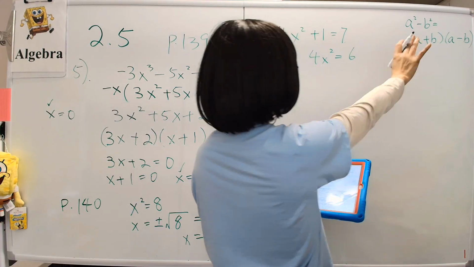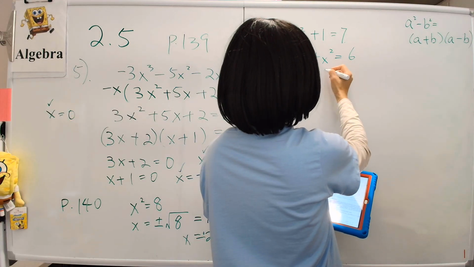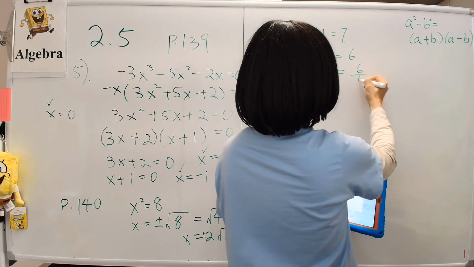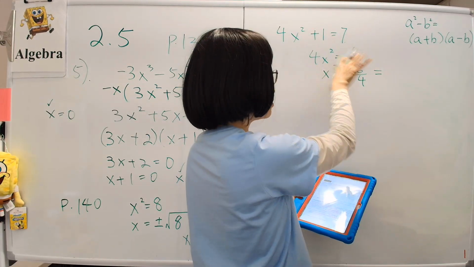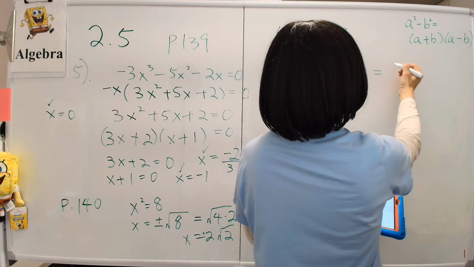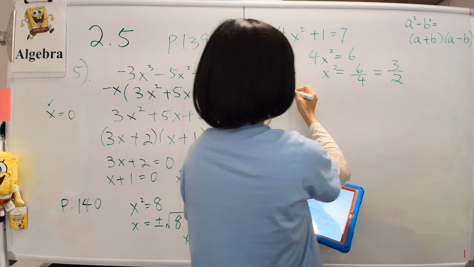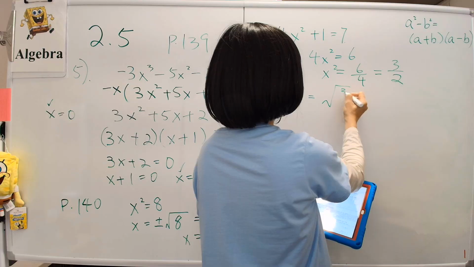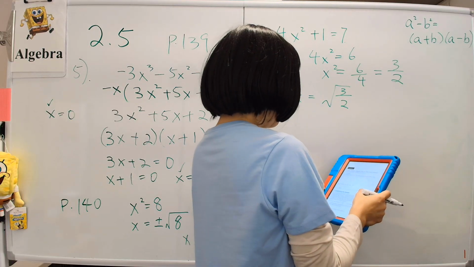We push the 1 to the other side, and it becomes a subtraction. So x squared equals 6 over 4, pushing the 4 across the equal sign, under the division sign. That simplifies to 3 over 2. So then x, as we have discussed, equals the square root of 3 over 2.